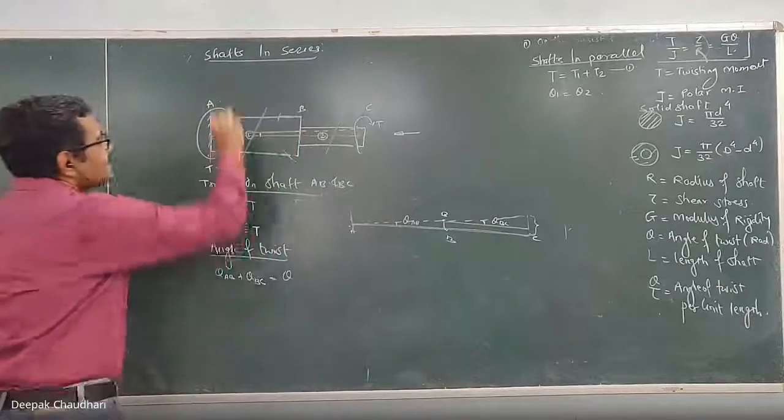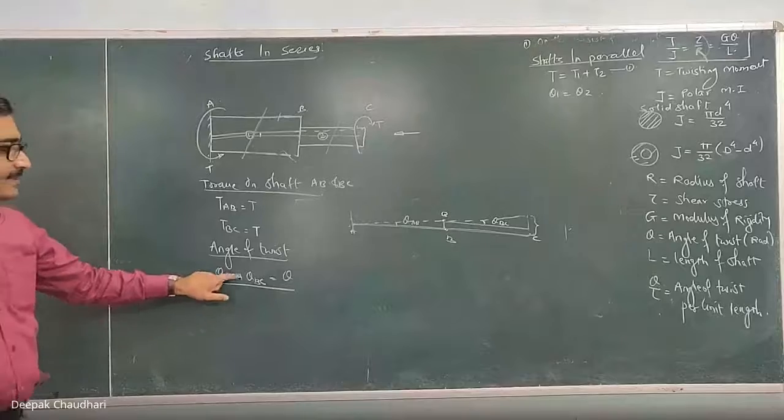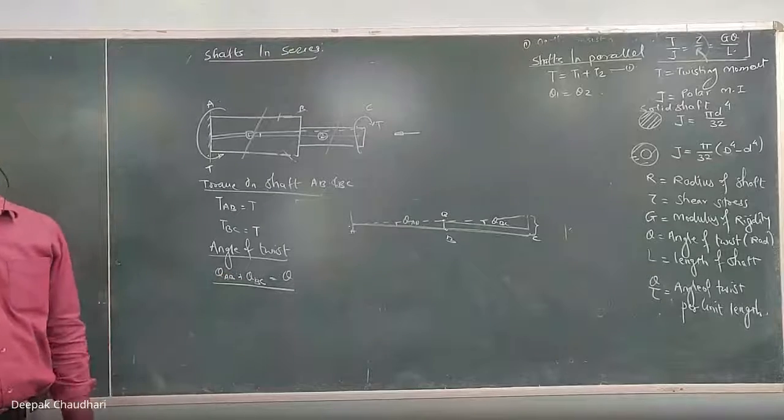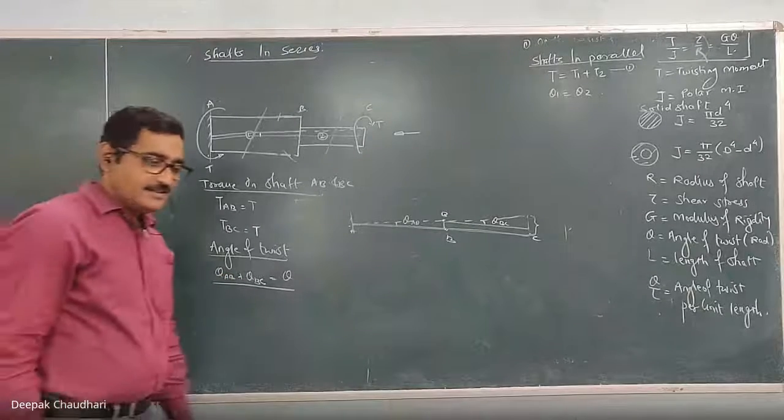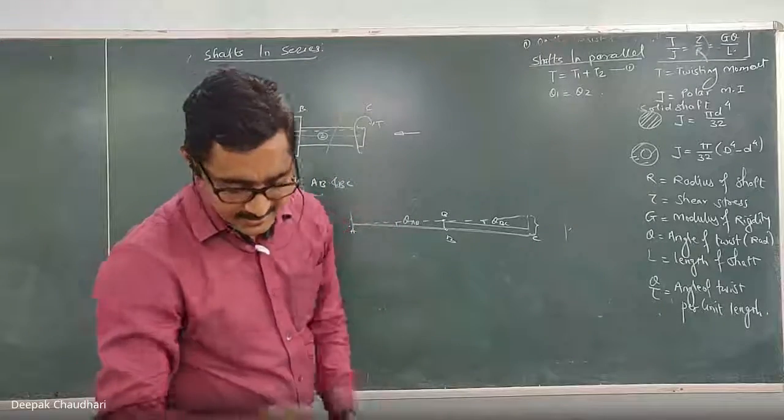So when the shafts are in series, the angle of twist equals theta AB plus theta BC equals theta. This is the relation for when the shafts are connected in series.